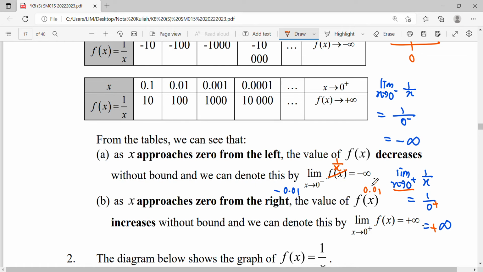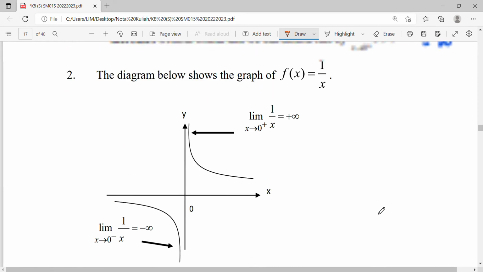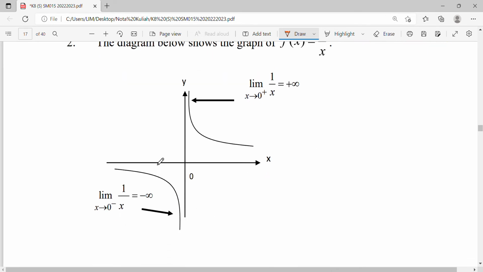So what does this mean? When x approaches 0 from the right hand side, your value gets bigger and bigger. You can see your graph goes up to infinity. When x approaches 0 from the left hand side, you get negative infinity.